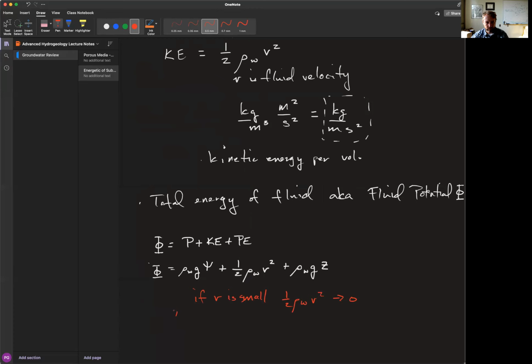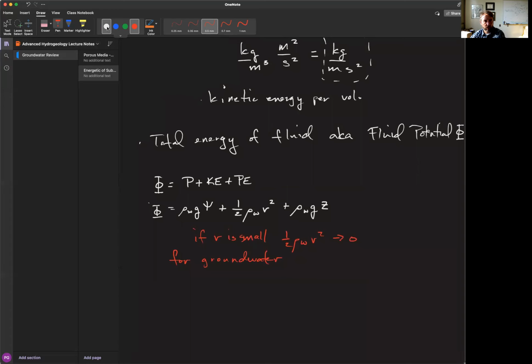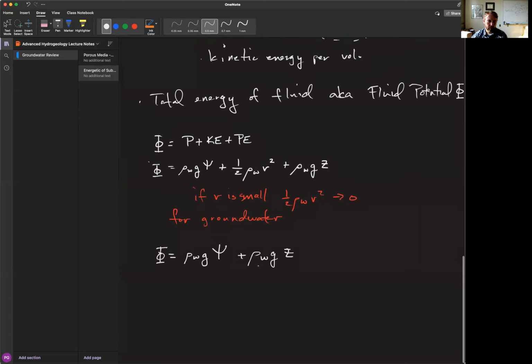So for groundwater, we often say that the fluid potential, or the total energy, is given by rho water g psi plus rho water g z. All right, this is the total fluid potential energy per unit volume at a point.